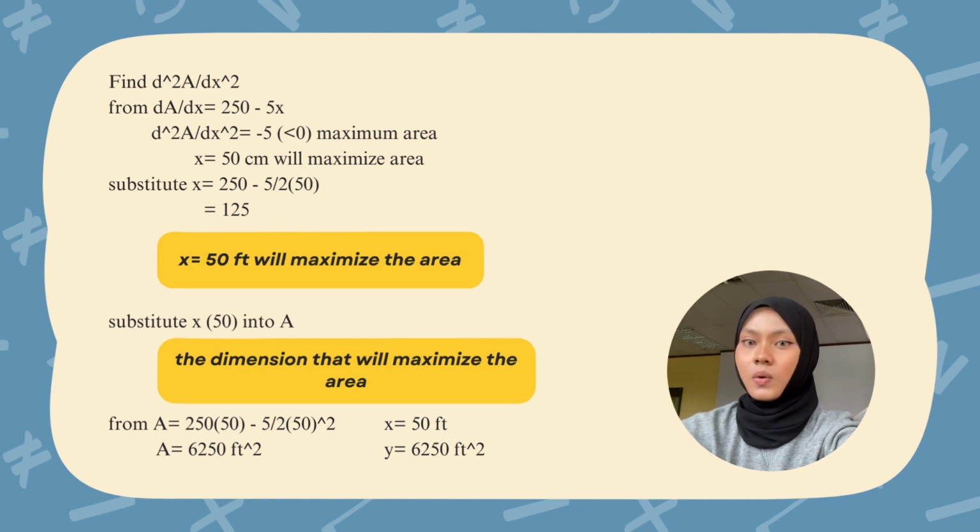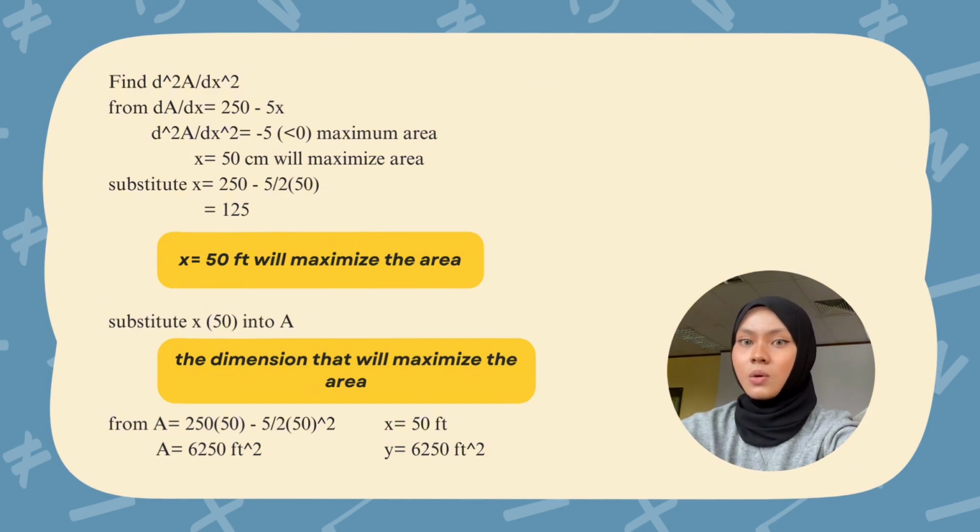Given that d squared A over dx squared equal to negative 5 is less than 0, this indicates that the function A(x) has a maximum point, since the second derivative test shows that if the second derivative is negative, the function has a maximum.